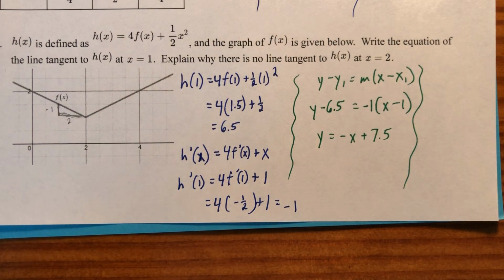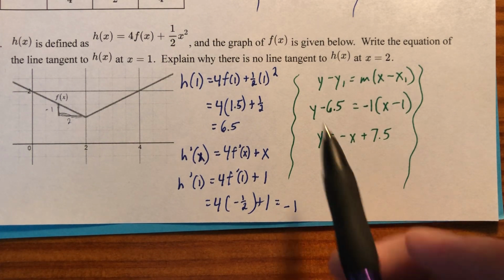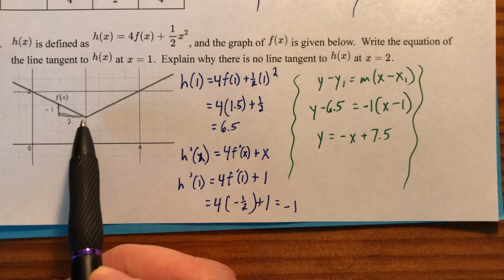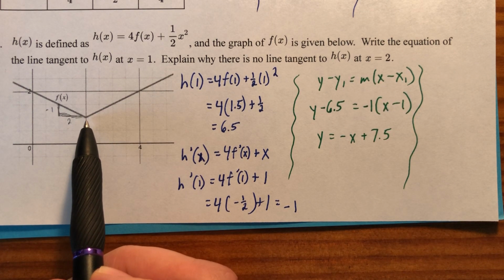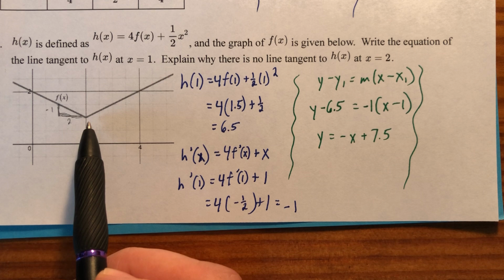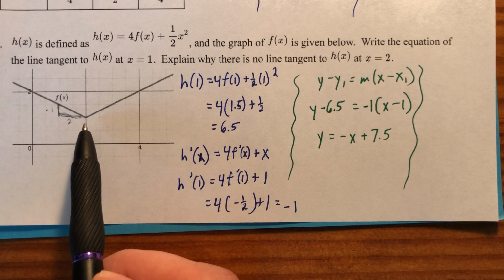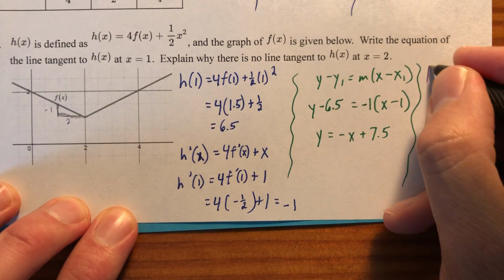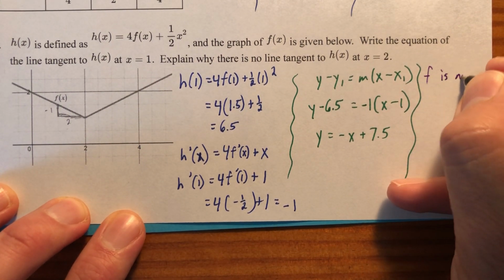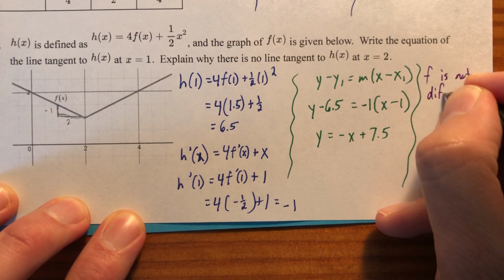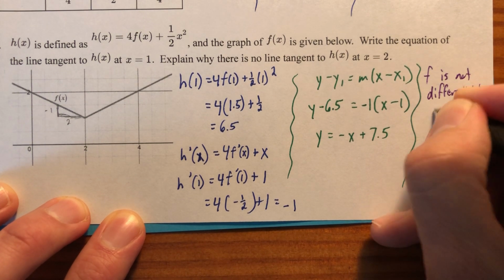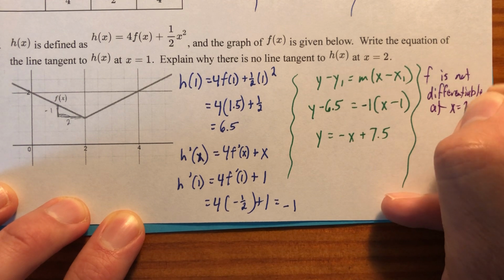Okay, I'm going to say all that again, just the relevant parts. In order to find the equation of a line tangent to h at 2, I need to know the slope here. f is not differentiable at 2. Therefore, h is not differentiable at 2. That's what I'm going to write. f is not differentiable at x equals 2.